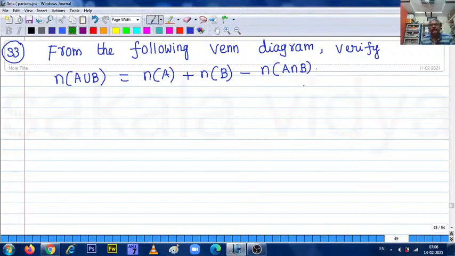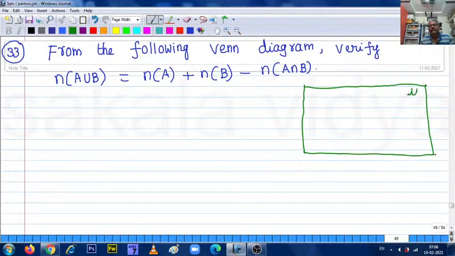So first you need to verify. Okay, this is the Venn diagram.